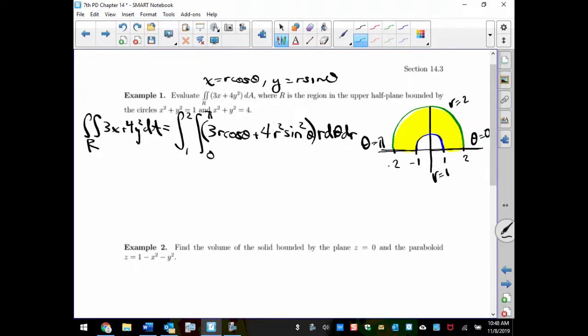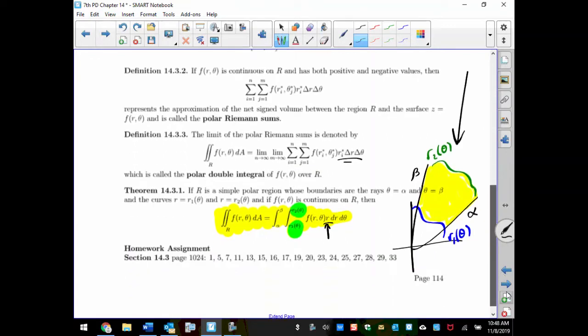Now, the reason that it doesn't really matter which variable we're integrating with respect to is because we have constant bounds here, theta from 0 to pi, and r from 0 to 2. Constant bounds means that, like Fubini's theorem, you can integrate with respect to either one first.